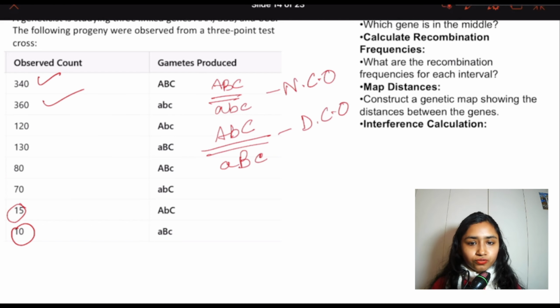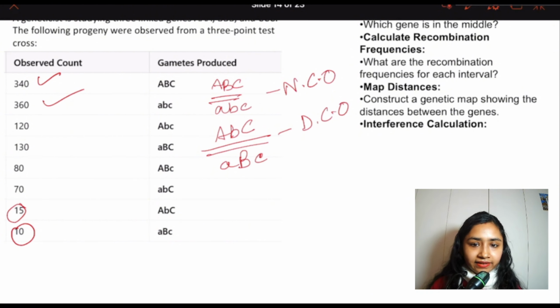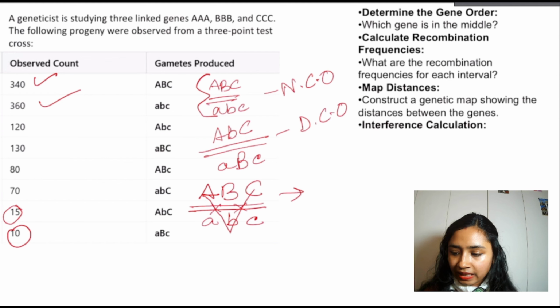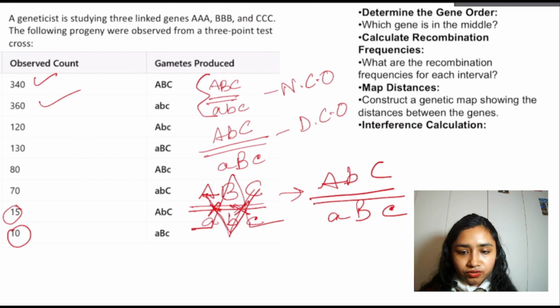In order to do that, you need to arrange the NCO in an order such that you can get the DCO very easily. To understand what the middle gene is, or what the gene order is, you need to write the NCO in a specific order. If I write the NCO as it is, like capital A B C, small a b c, and do the double crossover, like capital A, small b, capital C, and at the bottom small a, capital B, small c, you have to match it with the given DCO configuration.